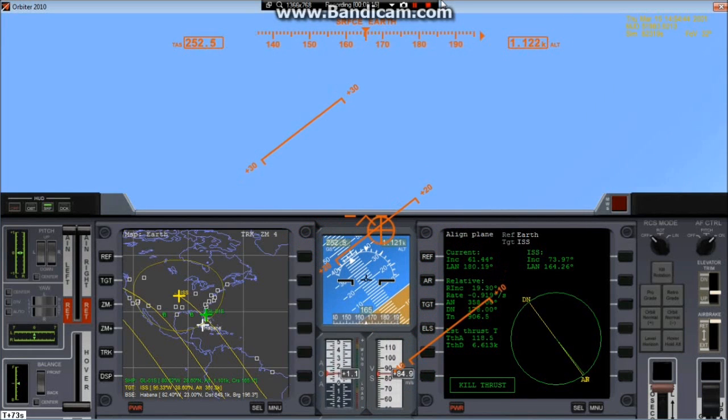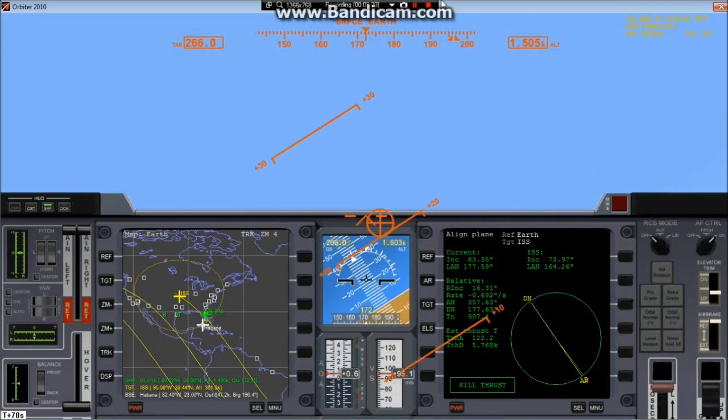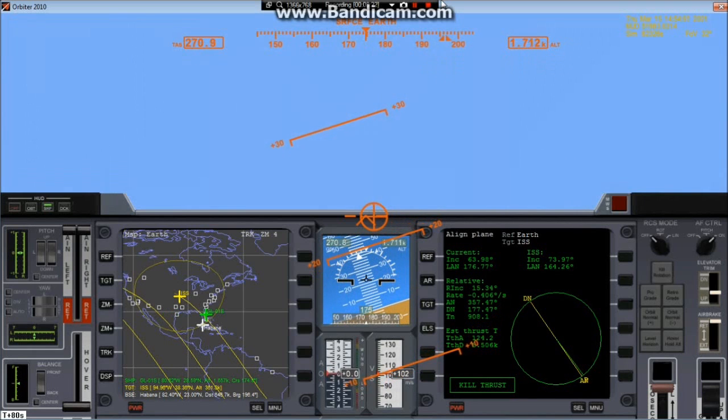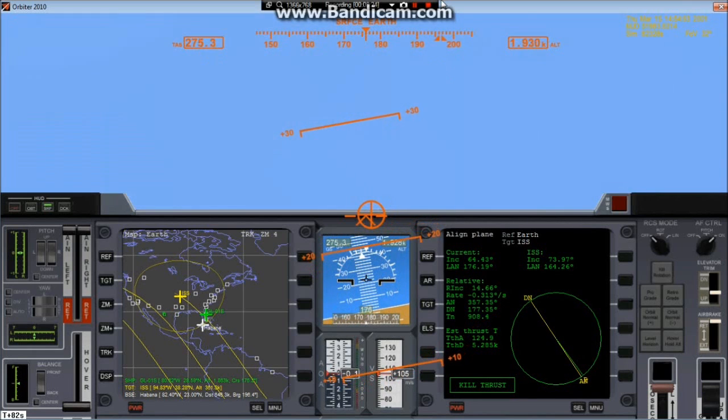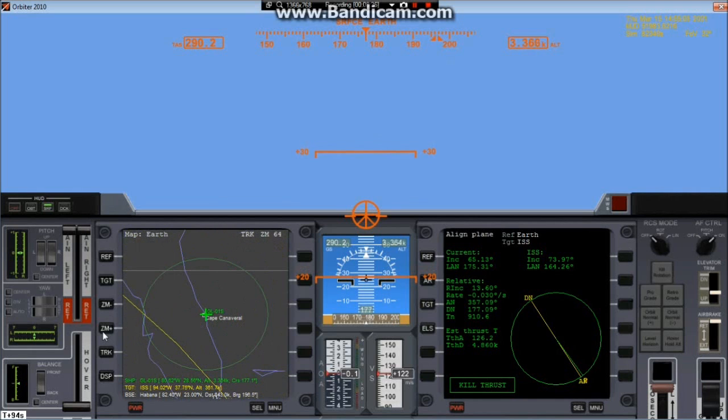Okay, I'm going to engage full power again. And so what I am doing now is getting the relative inclination to count down. And then what I'm going to do is turn into the orbit before it's too late.